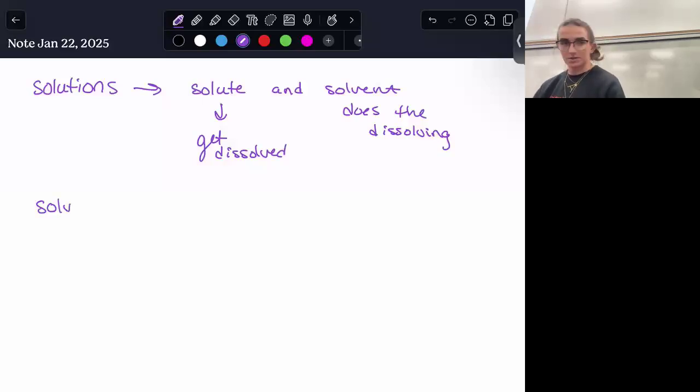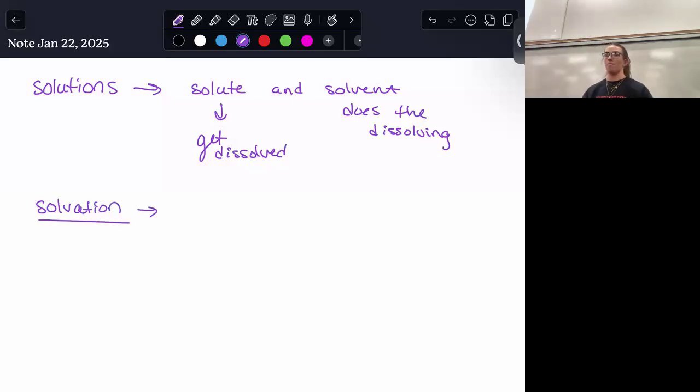The definition we said in class was solvation. Does anyone remember what solvation is? What does this mean? Yeah, perfect.